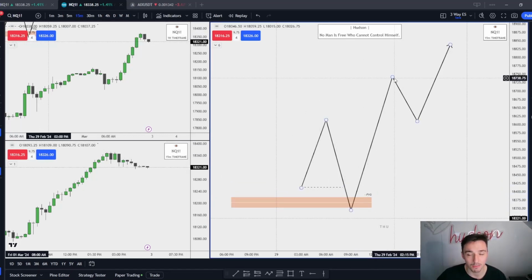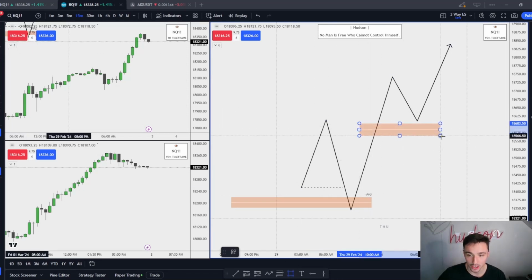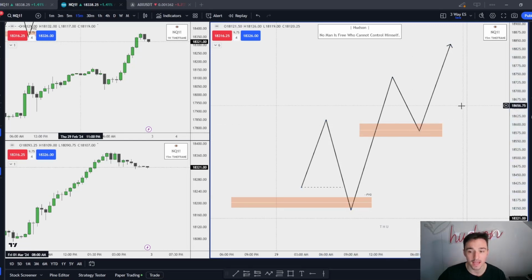Now we have displacement, right? That's smart money tipping its hand, showing you that it is ready to go to the opposing draw on liquidity. So now we have displacement out of a higher time frame PD array after pairing orders underneath a low, turtle souping it. Now we have a breaker block, which is confirming that smart money is ready to go, because breaker blocks are one of the highest algorithmic entry models that there possibly can be, because we have a true market structure shift with that breaker block, and we have displacement, which is the fair value gap, giving us confirmation, right?